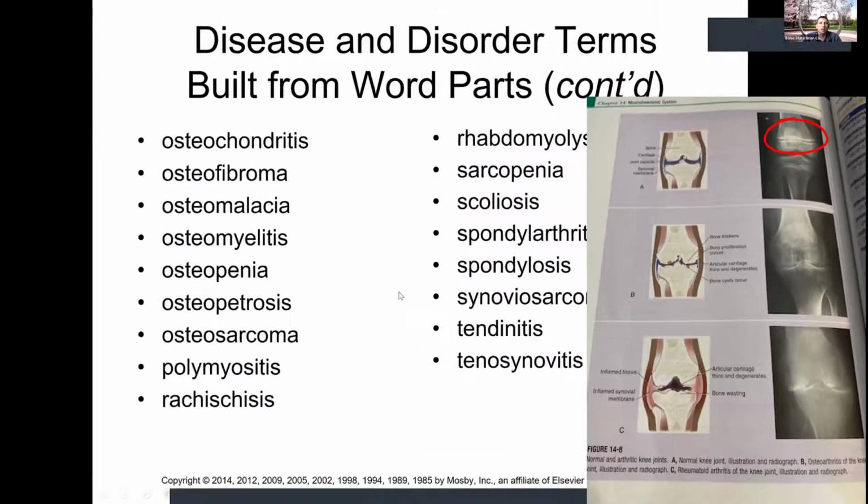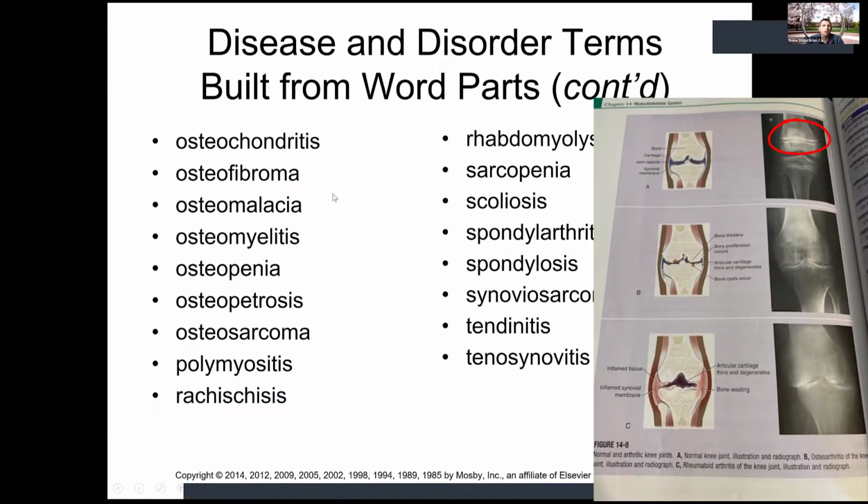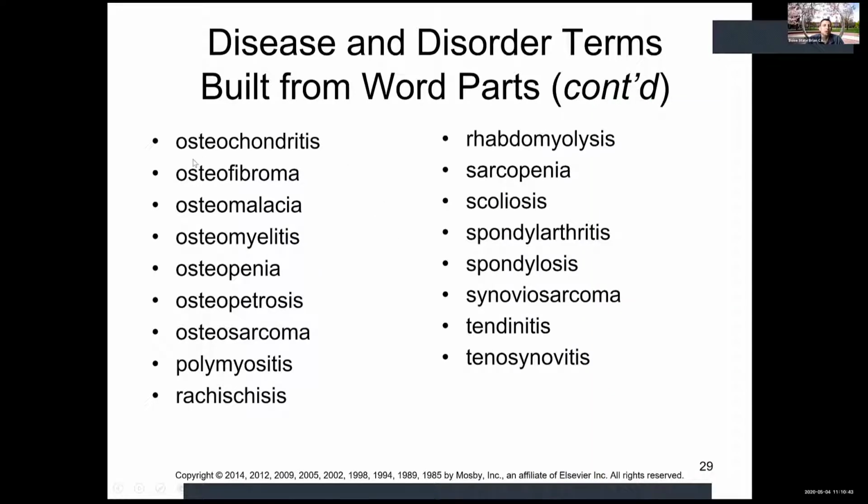Continuing on with the list, again, really something that we've seen a lot of, the itis, lots of times on this page too, in relation to whatever the word roots are. So osteo, again, bone, and chondro, cartilage, bone and that fibrous tissue. Malacia, softening, softening of the osteum, so it's bone softening.